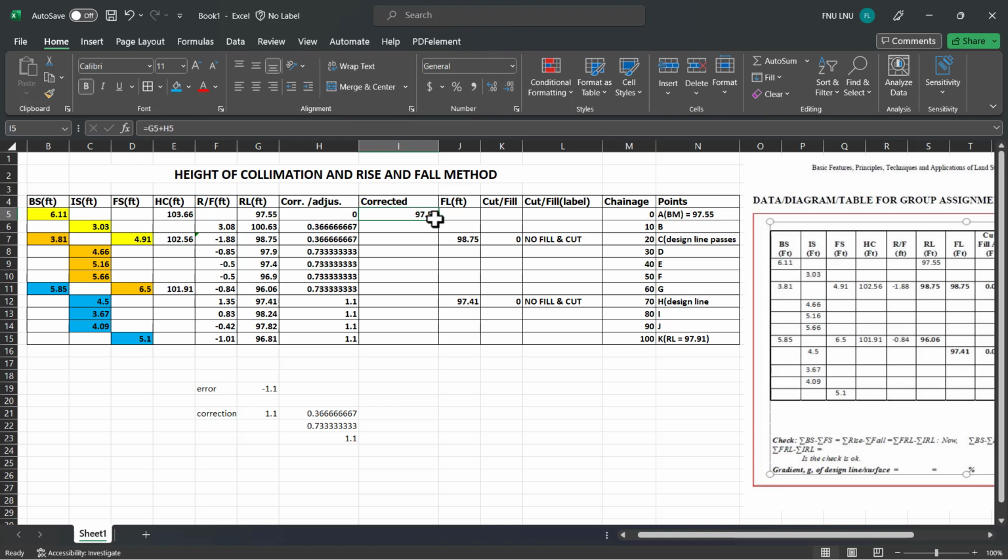Okay. So let me run it to this one. Okay, so you can see this is our corrected reduced level. So just add this one plus this one plus this one plus this one plus this one plus this. So we add them till we get. So you can see that now our last reduced level here is the same as this one.